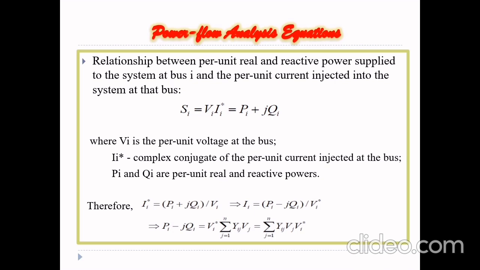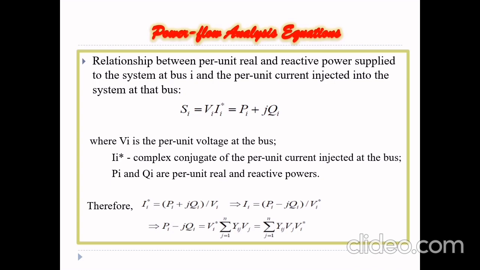And then Pi minus jQi is equal to Vi conjugate times sigma Yij Vj. Please see that. So Ii is Pi minus jQi divided by Vi conjugate.